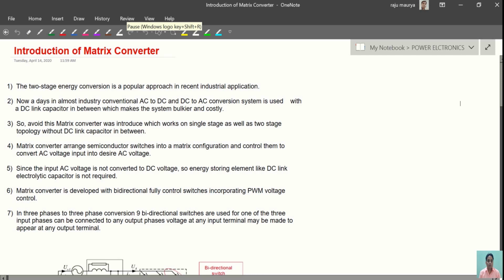So in practice, cycloconverters with a large number of switching devices are avoided, and in industry we generally use a two-stage conversion topology, since two-stage energy conversion is a popular approach in recent industrial applications.